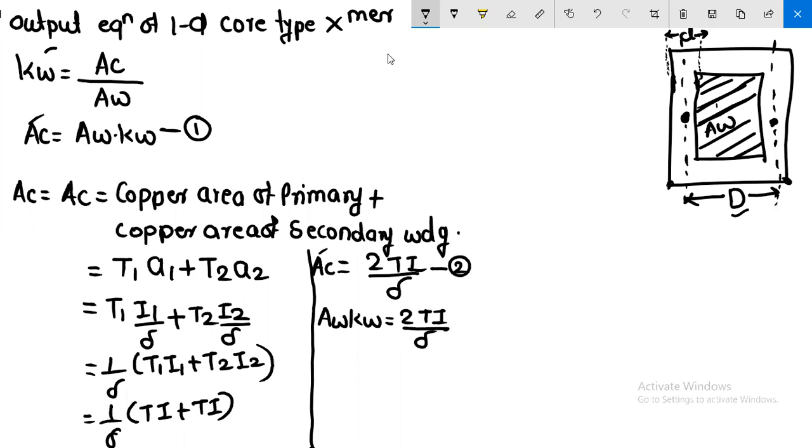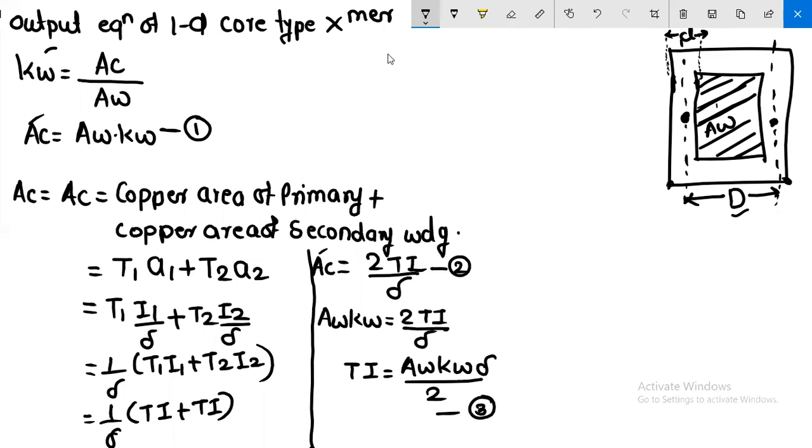So from this equation I have to find the value of T into I. That is equal to AW KW delta divided by 2. That is my value, and I am giving it as equation number 3.